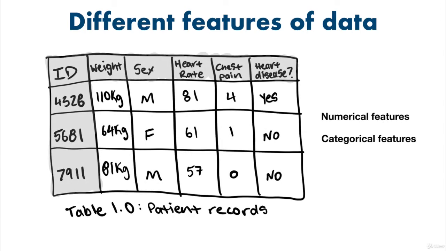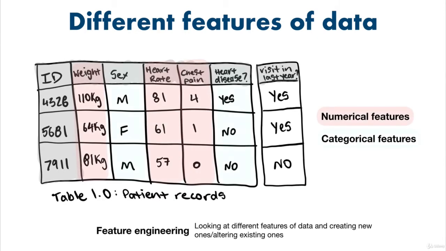Now, when it comes to feature variables, again, there are different kinds. You've got numerical, which means a number like body weight. There's categorical, which means one thing or another, like sex, or whether a patient is a smoker or not. And then there's derived, which is when someone like yourself looks at the data and creates a new feature using the existing ones.